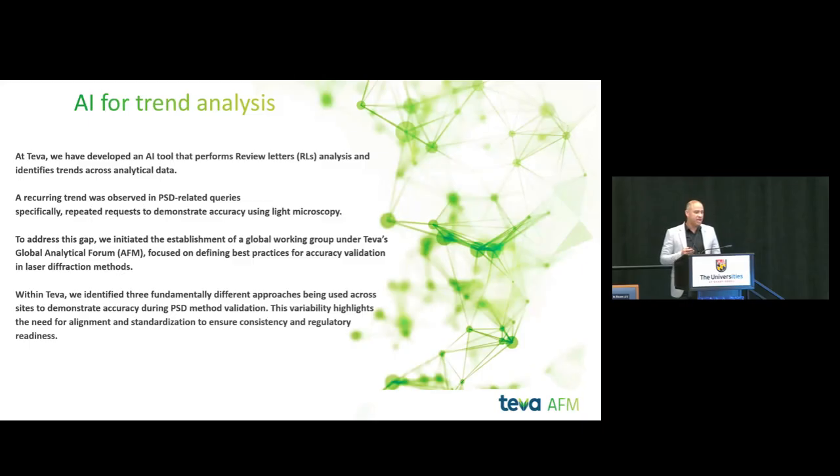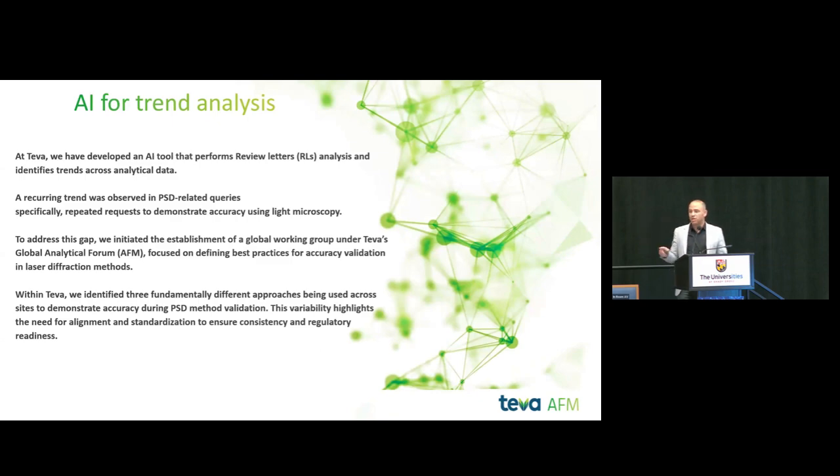So what we did in the last few years within Teva, we have developed an AI based on natural language processing, which is an AI that can understand human language. And we went through all these more than 35,000 questions, and each one of these questions has tens of pieces of information.